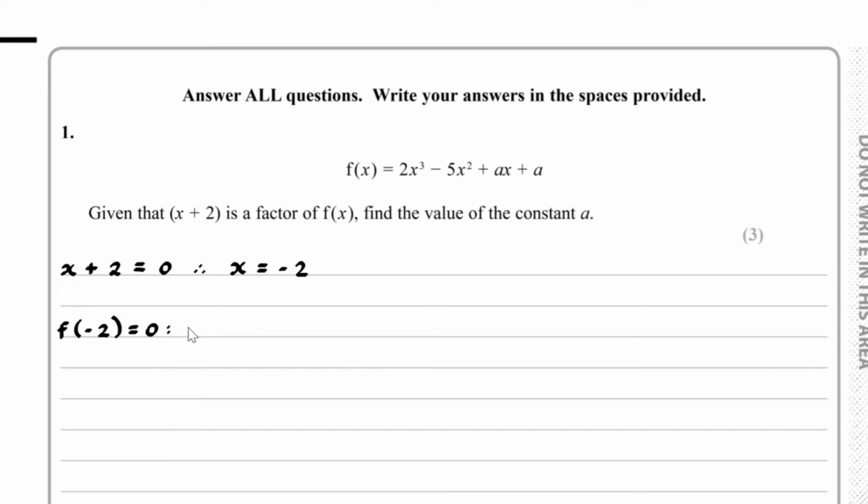So, we've got 2 lots of minus 2 cubed minus 5 lots of minus 2 squared plus a lots of minus 2 plus a. This is all equal to 0.